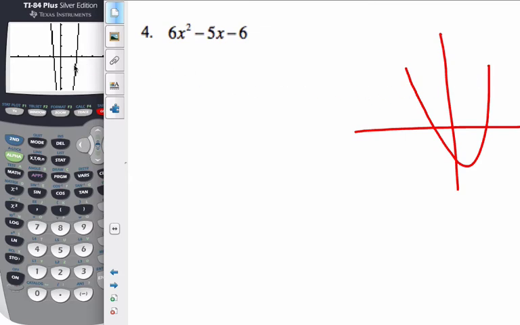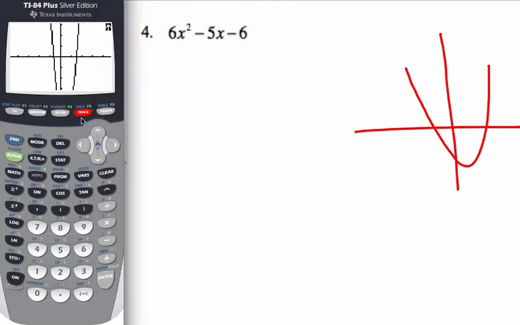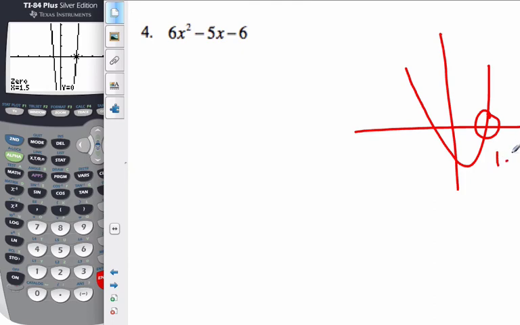This one here, I'm going to guess that's 1.5, but let's find out. And I'm going to find the 0. If that's 1.5, my left bound is going to make it 1. My right bound, I'll make it 2. And I'll guess 1.5. And indeed, that is correct. So this is 1.5.